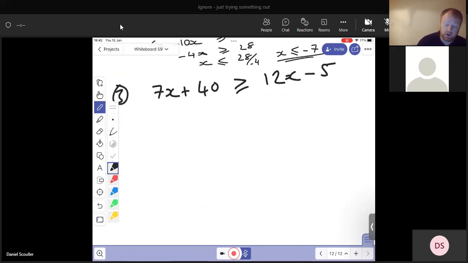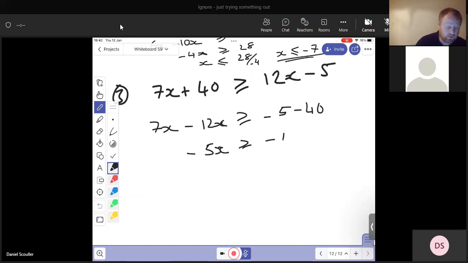7x plus 40 greater than or equal to 12x minus 5. So 7x minus 12x greater than or equal to minus 5 minus 40. 7x minus 12x gives negative 5x, and that'll be negative 45.